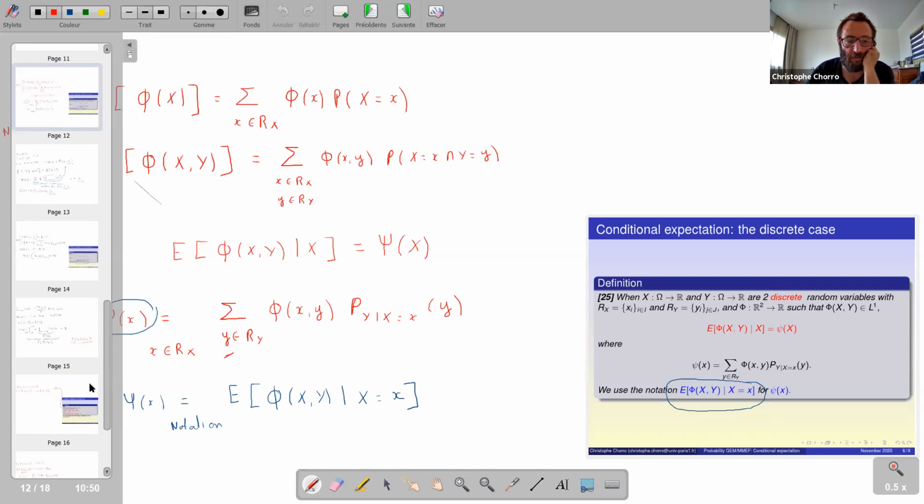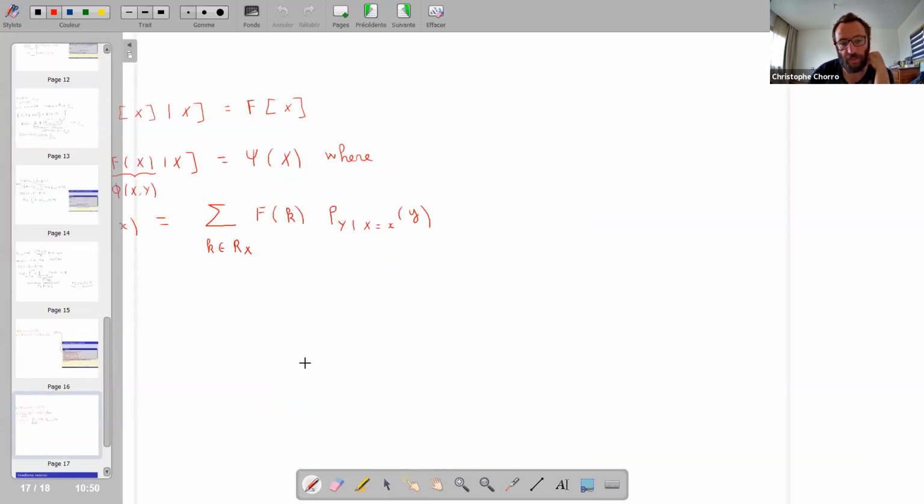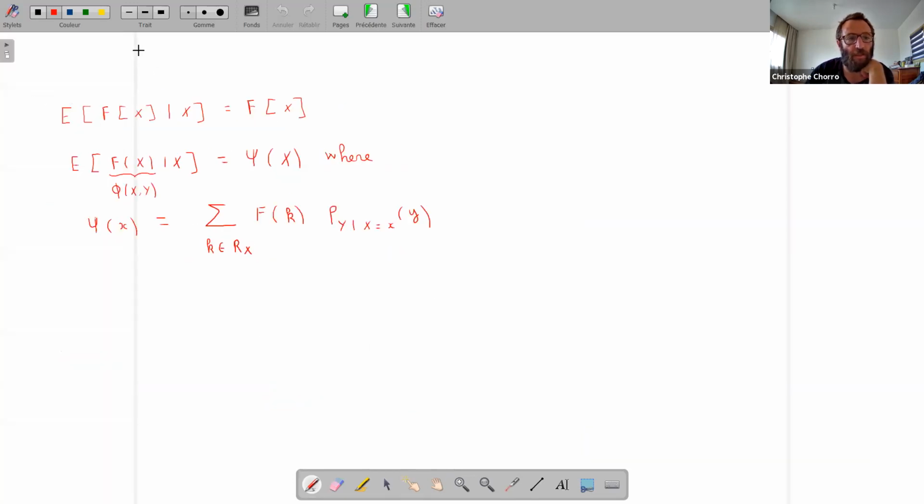So let's come back to what I have done here. I have made a mistake here. The sum has to be computed not over this one, but over the possible values for y.